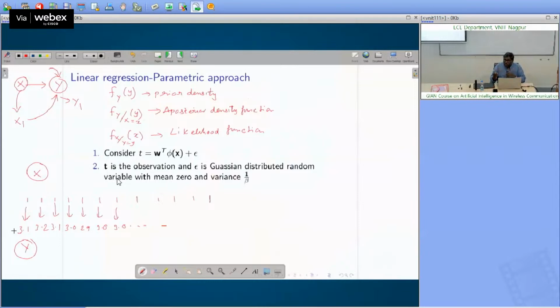What you observe is that the random variable y takes different values, but remember that there are some repetitions. I'm getting 3 twice, 3.1 twice, sometimes thrice, and so on. All of these describe the probability of occurrence of various values of y. If it is a continuous case, this is described by what is called the density function.